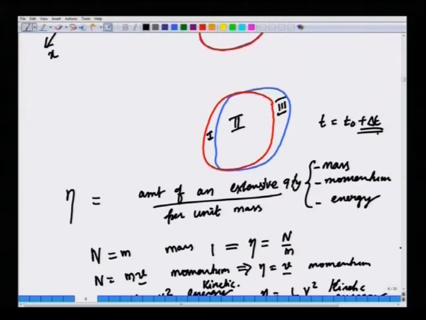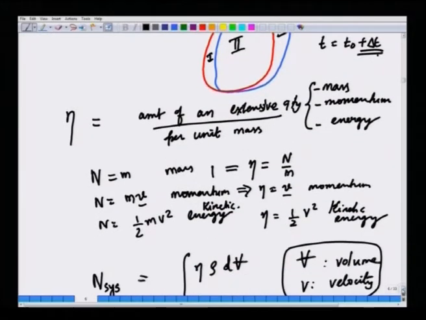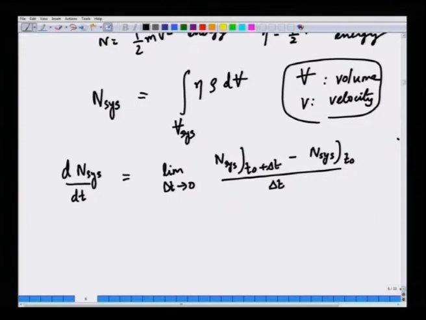So, by fundamental definition, the rate of change of a quantity such as mass, momentum or energy present in the system, dN system by dt, is the limit as delta t goes to 0 of N system at t0 plus delta t minus N system at t0, divided by delta t.